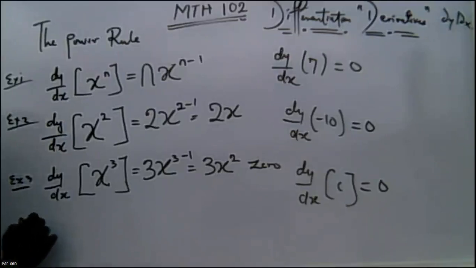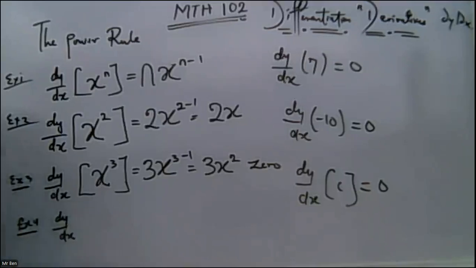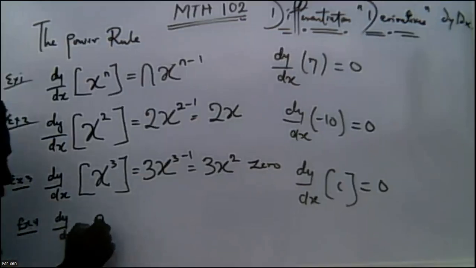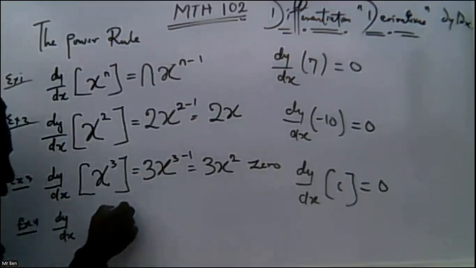Example 4 now. Find the derivative. I'm not writing the question because if I write the question on the board now, there won't be enough space for us to do the workings. So find the derivative, or differentiate, x raised to power 10.